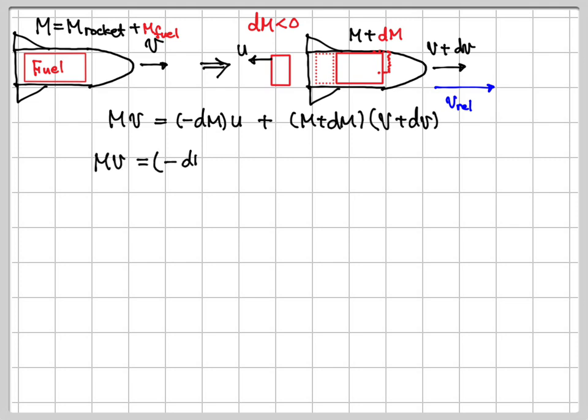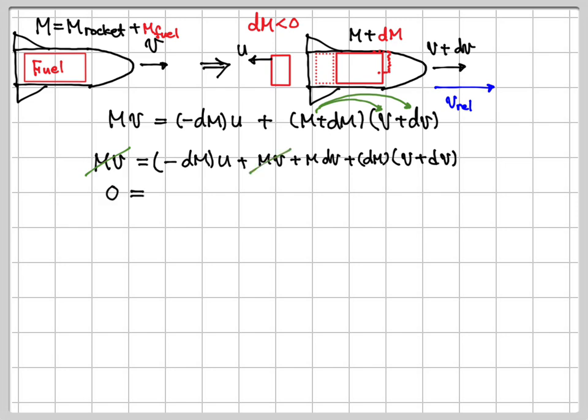Let's rewrite it and distribute to m. So mv, and then m times dv, and dm. We don't distribute the dm because it's more convenient. Okay, find the same terms and we cross them out.